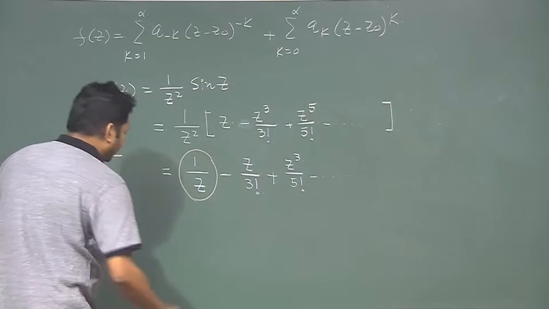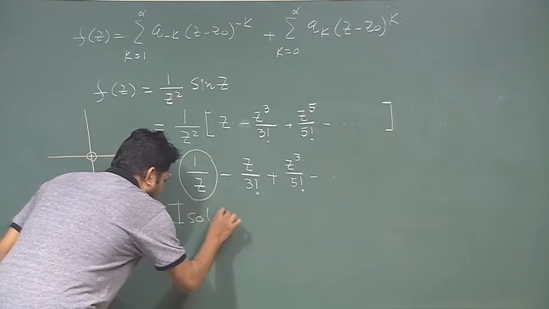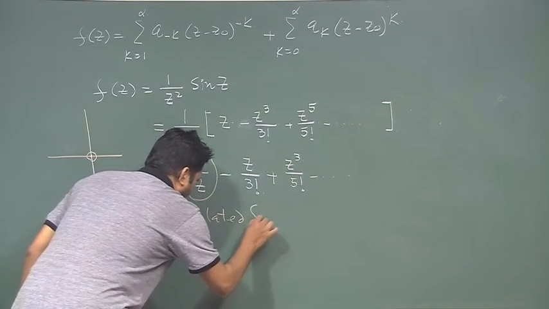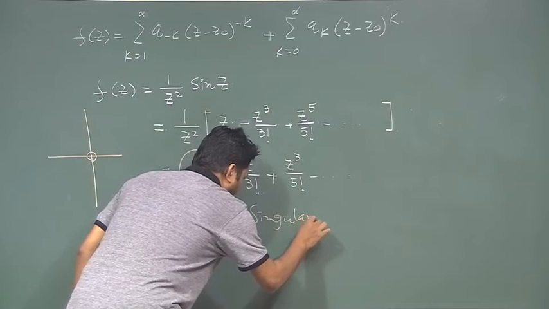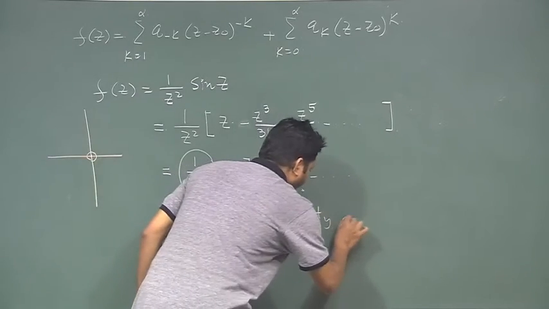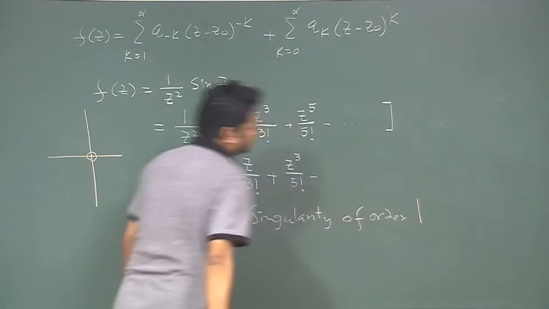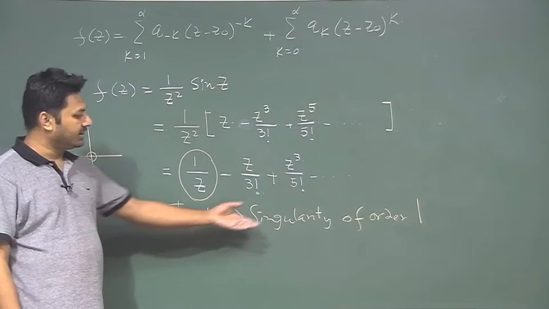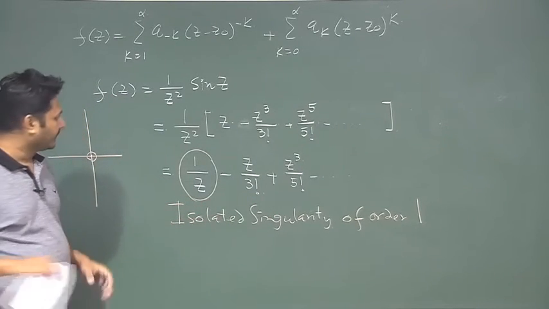That is why it is called an isolated singularity of order 1, n is 1.